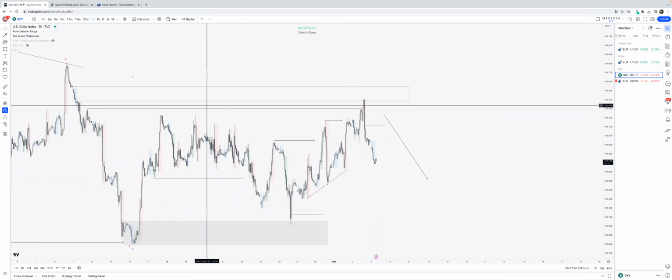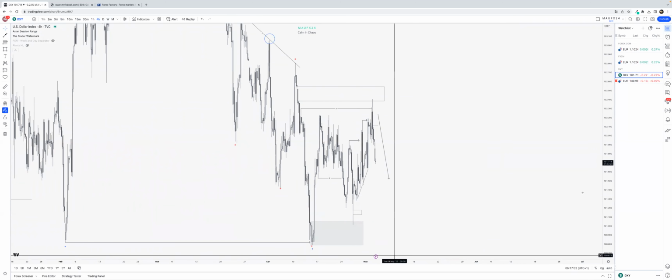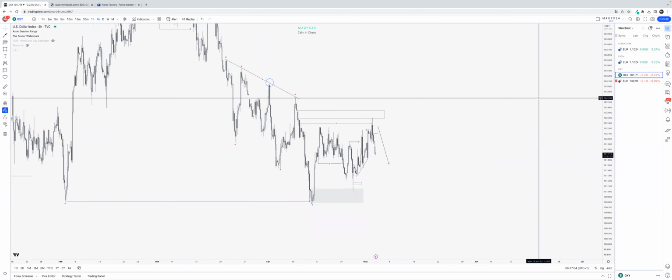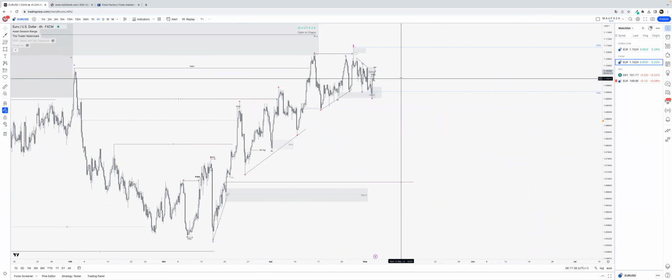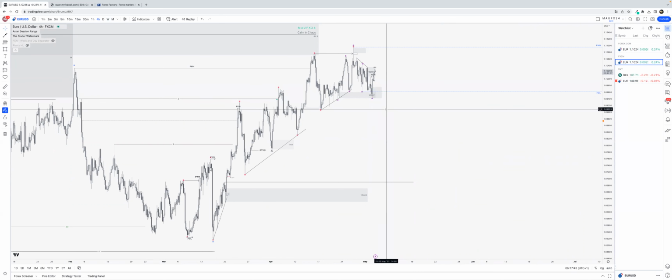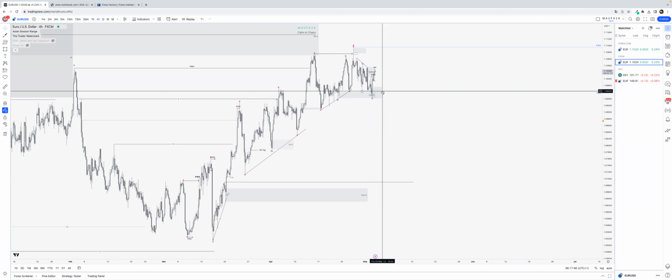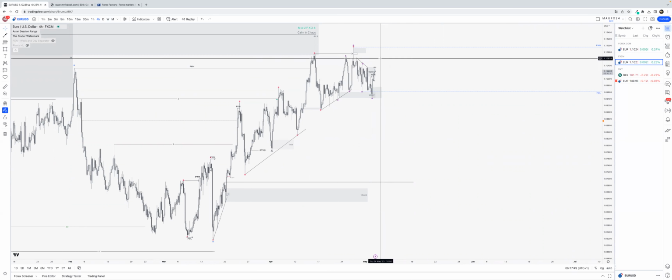I might be wrong, of course, I might be wrong, but that's what I favor based on price action, and that would mean longs for EU and ideally from this area. And I'm sticking with that. So short from this area or long from this area or short from maybe above here.